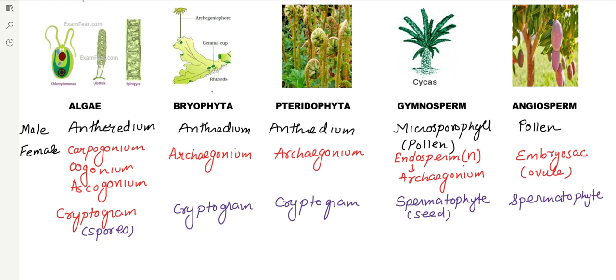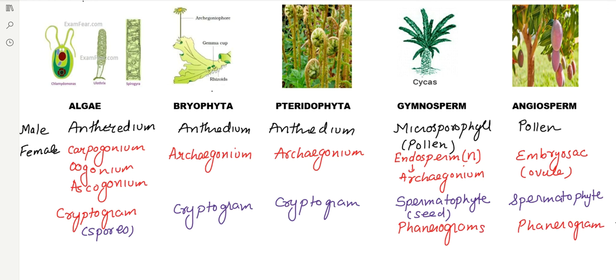Now see, gymnosperms and angiosperms were also represented by a word called phanerogams. We should remember this word because earlier they used to represent them as phanerogams only. This can be asked in questions: what are phanerogams? Phanerogams was the word used for seed producing plants.